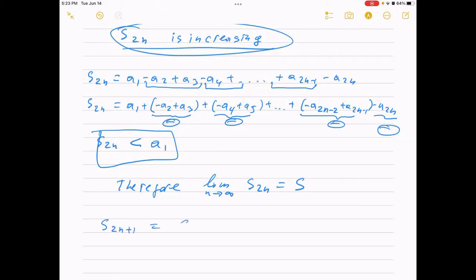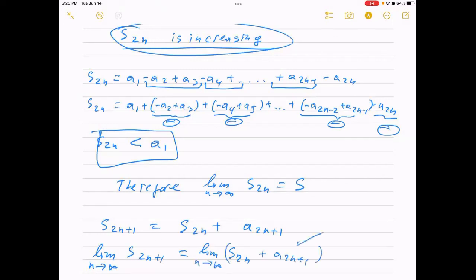An odd partial sum is the even partial sum before it plus one more term, and that's going to be an odd term, and odd terms are positive. If I take now the limit of the odd partial sum when n is approaching infinity, I'm going to get the limit of s_2n plus a_(2n+1) as n approaches infinity. By the first condition of the theorem, the limit of a term is going to be 0.